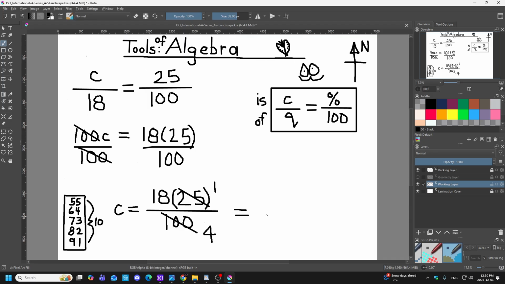C is equal to 18 divided by 4. Okay, so I know 6 times 3 is 18. 4 times 3 is 12. 4 times 4 is 16. 18 doesn't divide nicely with 4.